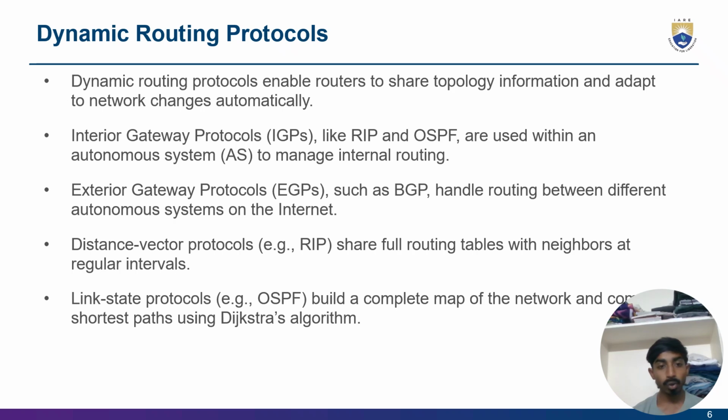Exterior gateway protocols such as BGP handle routing between different autonomous systems on the internet. Distance vector protocols share their full routing table with neighbors at regular intervals. Link state protocols build a complete map of the network and compute the shortest path using Dijkstra's algorithm.